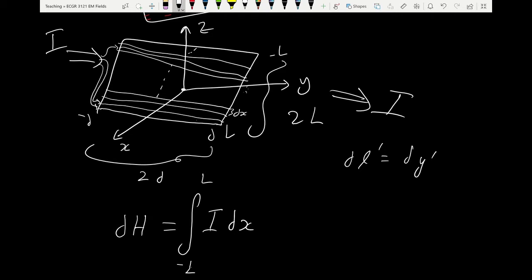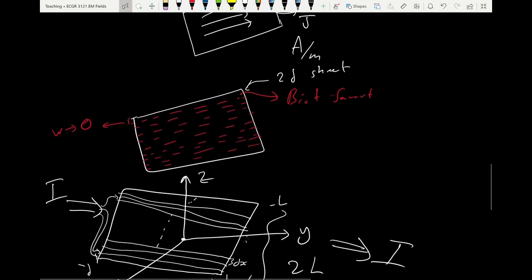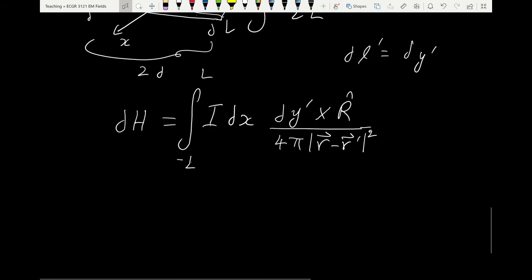So if I apply the Biot-Savart law, I get dy prime cross r hat over 4 pi, r minus r prime, squared.